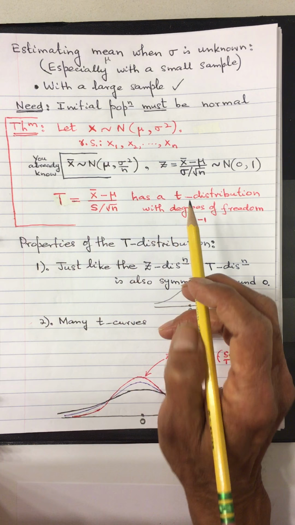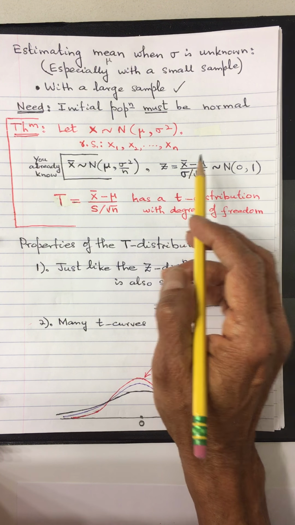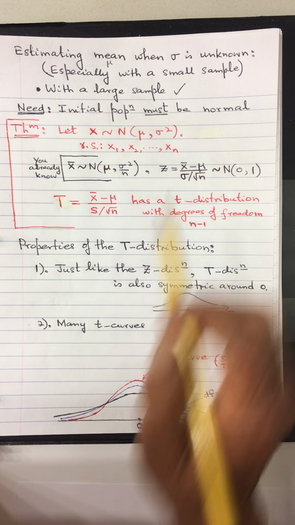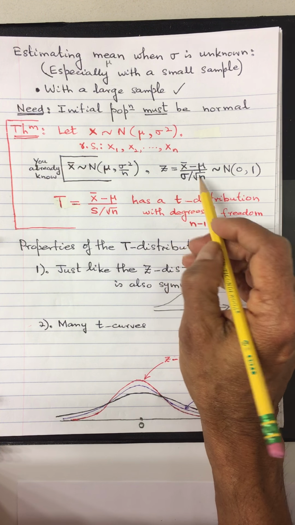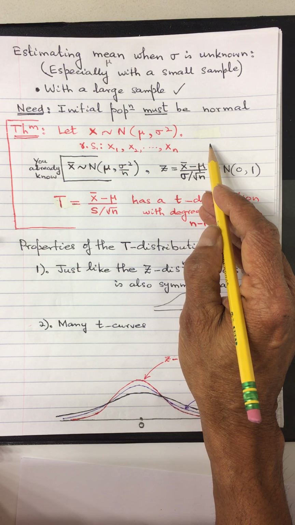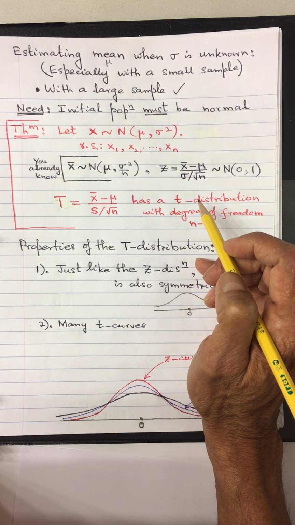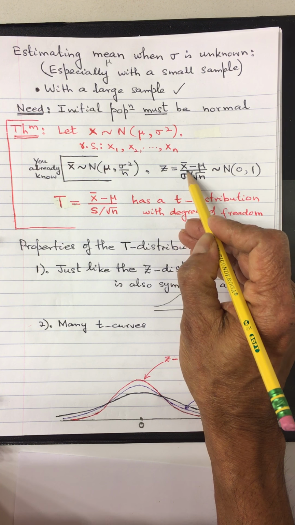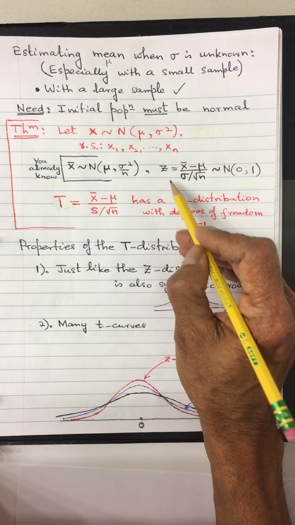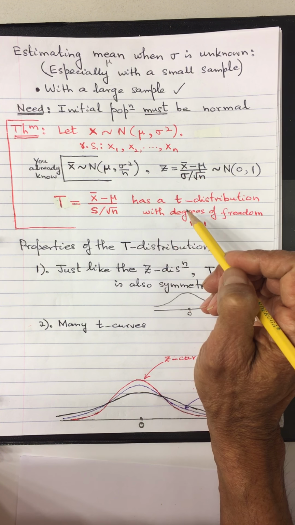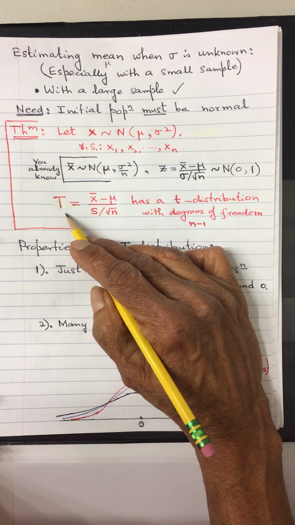Now we are looking at the general case where sigma is unknown. If you figure out the sample standard deviation, which is s, the minute you replace sigma by s, this quantity is not going to follow a z curve anymore. That is what this theorem is going to tell you.